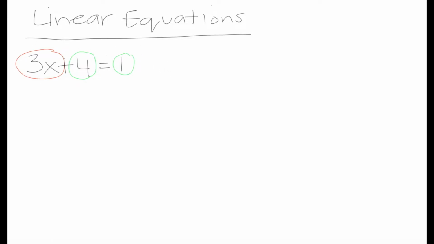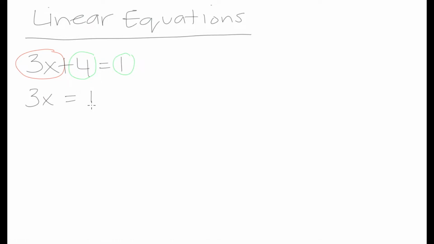So the way that we can rewrite this is to keep all of our variable terms on one side, so we'll have the 3x remaining on this side. And now we want to move this plus 4 to the other side of the equal sign. And you'll recall that when you are moving something from one side to the other, you have to switch its sign.